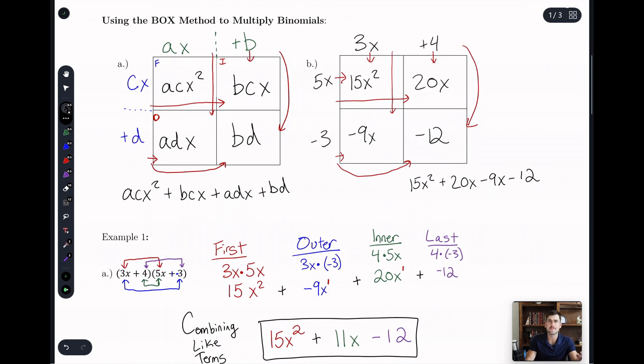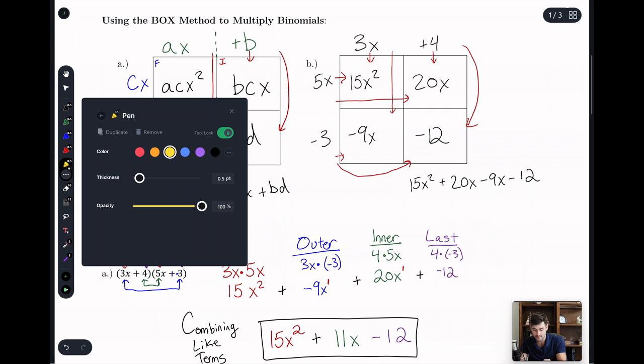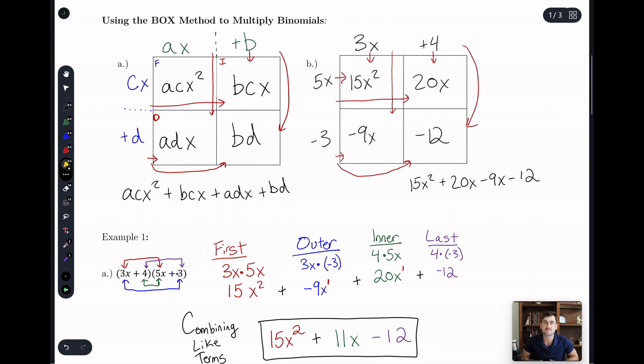We have to do the same step of combining like terms, but I can let you in on a little shortcut. If you're doing this box method, the two terms that will combine are always going to be this diagonal section, pretty much every single time, especially for college algebra.